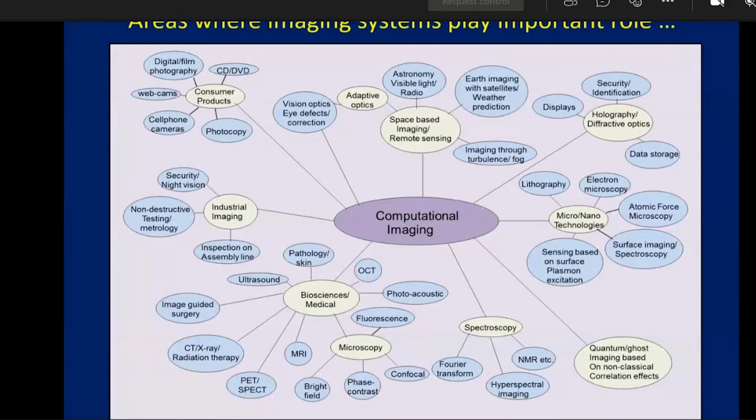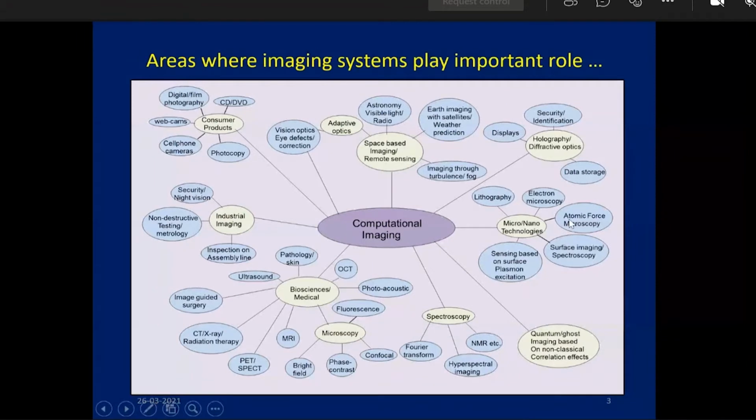So micro nanotechnology is another whole area where imaging plays an important role, because somehow we want to not just see what is allowed by light, but we can also use other areas, other spectrum like X-rays, or also non-optical sources like electron sources, to make images of structures that are really tiny, nano size.